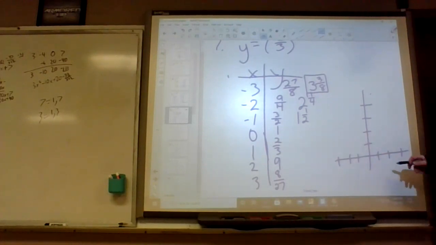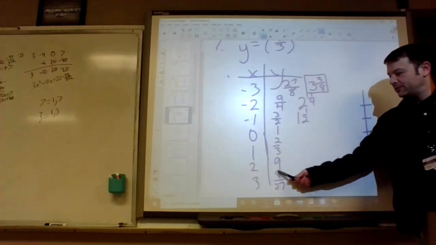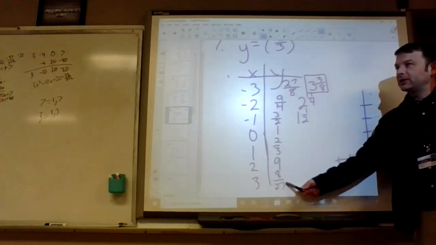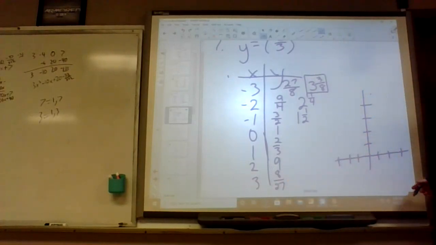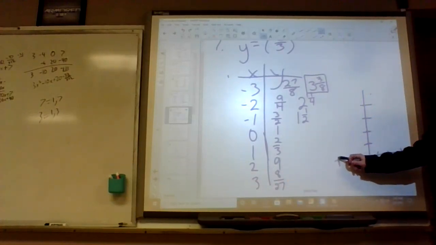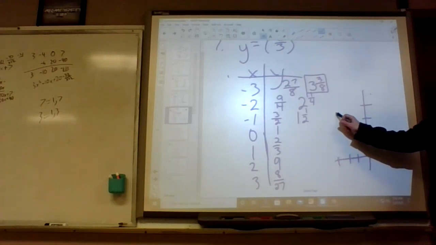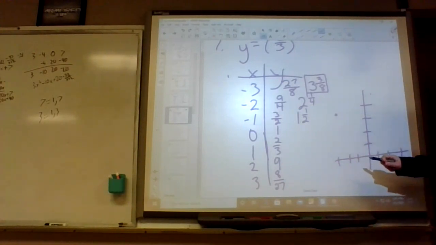But what about the 8 over 27? That's a little bit bigger than 0. It's about 0.3 roughly, less than 1/3. 3 3/8 would be just short of 3.5.